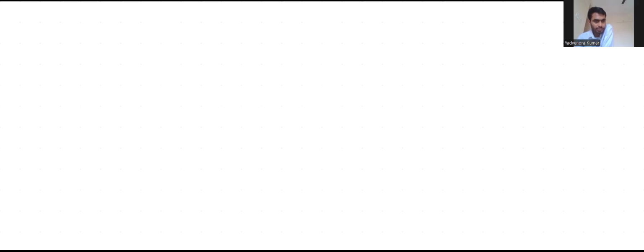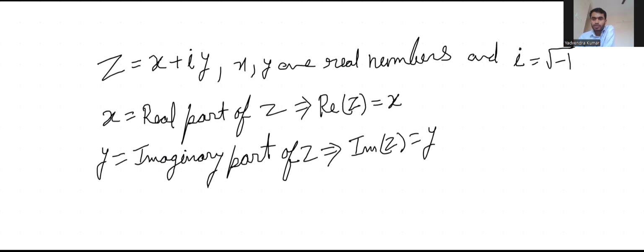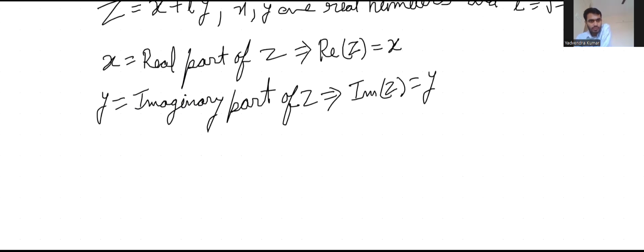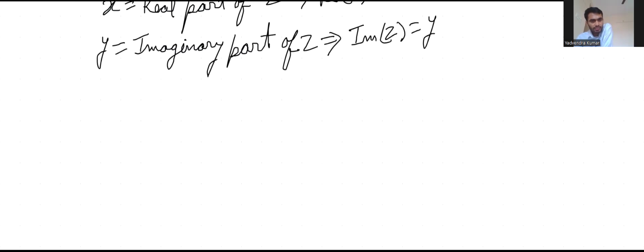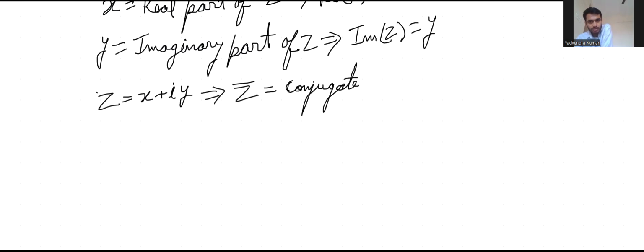Now we need to define a few properties, definitions, and terms. Next, if we are given z as x plus iota y, then z bar is called the conjugate of the complex number, and it can be written as x minus iota y.